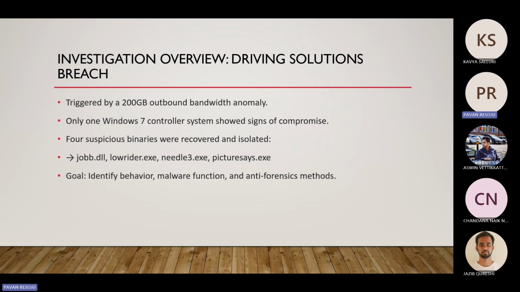Our goal was to deeply analyze these four files: job.dll, lowerrider.exe, needle3.exe, and picture.exe. We aim to identify what they do and how they might avoid detection using anti-forensics or stealth techniques.